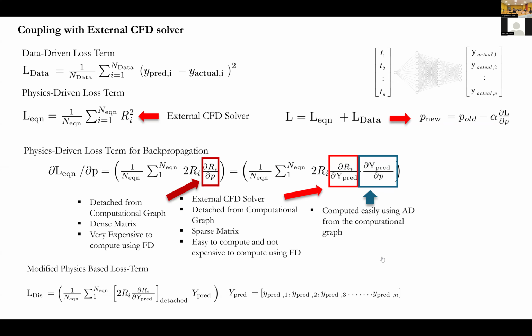Now I want to design my loss in such a way that I don't have to make any changes within the neural network, within my CLEAN architecture, at all. So now look at this loss. I'll show you here. The architecture looks like this. This term 2R del R by del Y pred is detached.